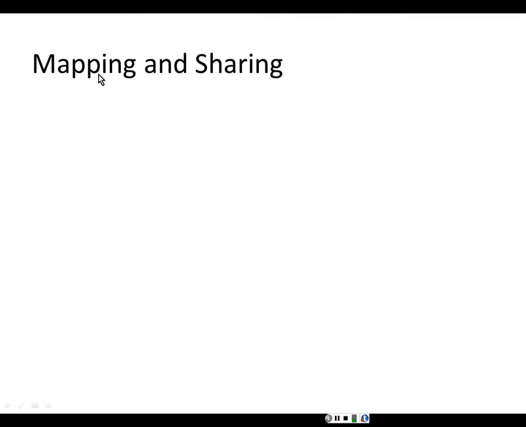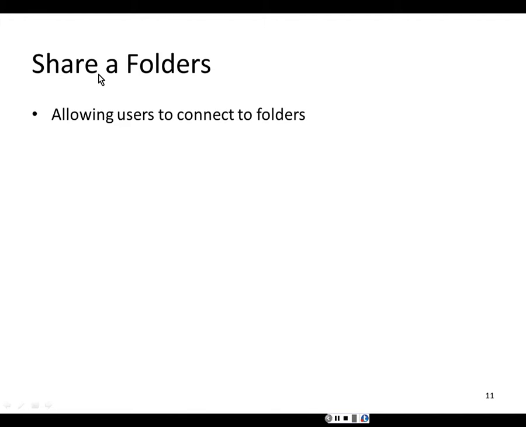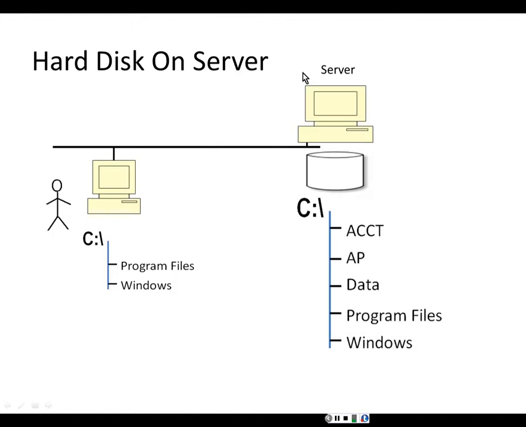Now let's discuss mapping and sharing. To share a folder means to make that folder available so people can connect to it over the network from their workstations. Here is the situation. What we have is a server, and it has a hard disk, and the hard disk is divided into folders.